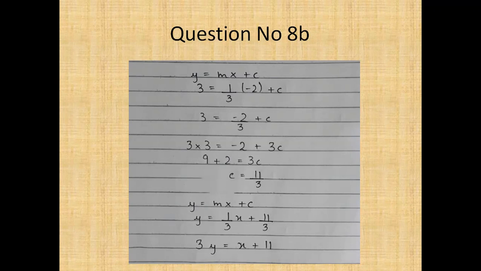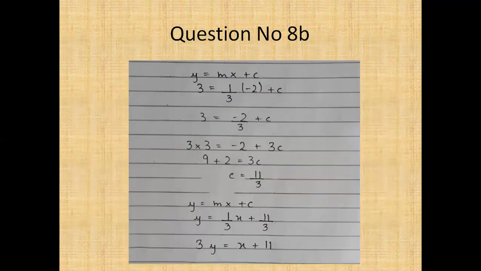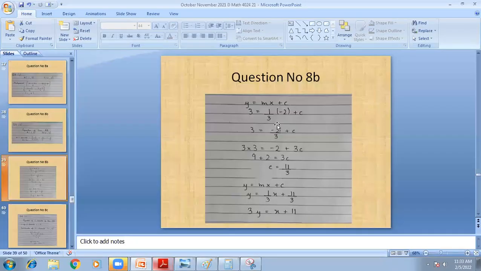So the equation will be y equals 1 by 3 x plus 11 by 3. Multiply every term by 3, and you get 3y equals x plus 11. Hopefully you understand. The 2 points are given, and we want to find the equation of the line joining those 2 points. Very easy and a famous concept in coordinate geometry.